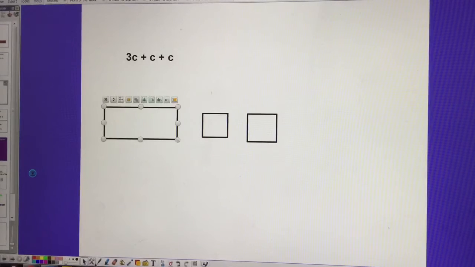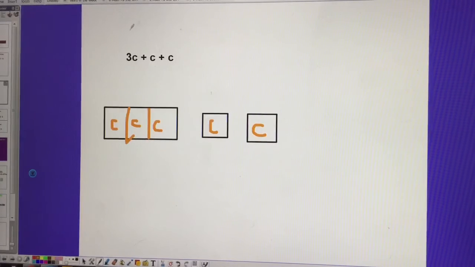This is all in its own group. Here's a group of 3 C's, and then we want to add another C and another C. So really, this is how you would draw the diagram. When you put all those C's together, we'll say C is for carrot, you really have 5 carrots. Put them all together, you have 5 C's, so that's another equivalent expression.